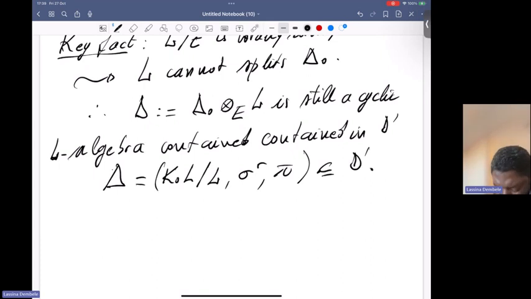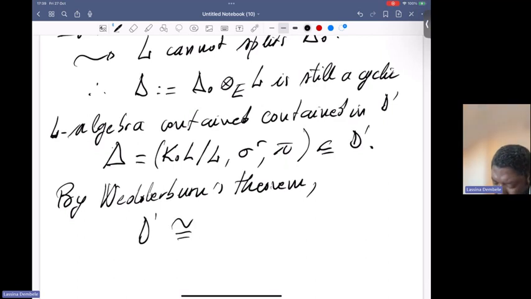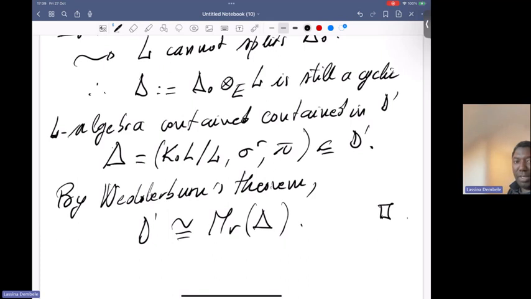And now you can conclude that by Wedderburn theorem, we know that D prime will be isomorphic to M_R of delta. And this proves the result that we want. So this is the key theorem that we need in order to prove the third theorem for L equal P.